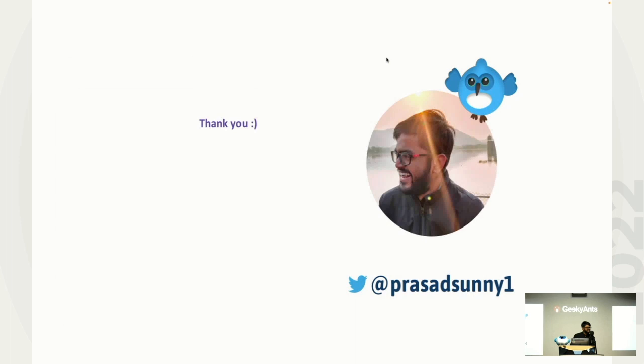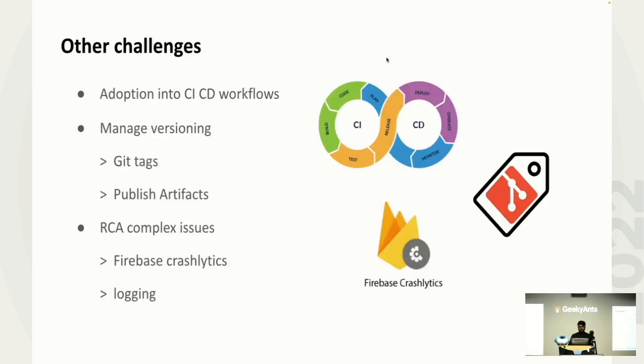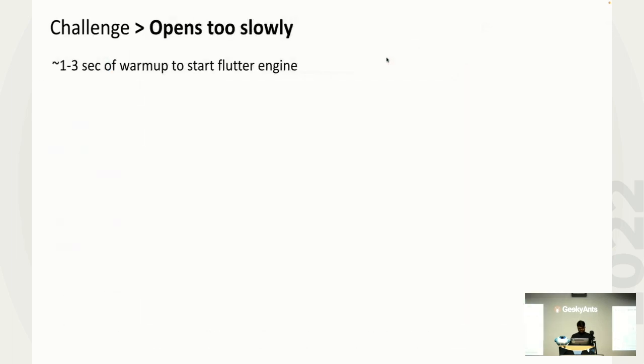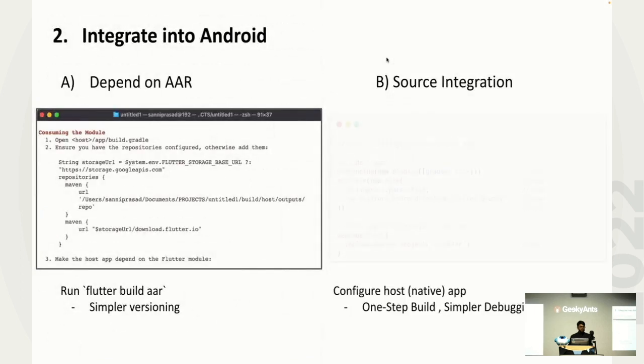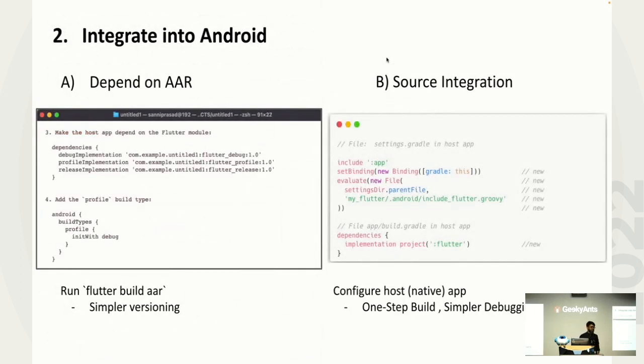Just one follow-up. After integration, what commands do we use? Native commands or Flutter commands? So we saw a few examples here. On native also you have multiple options for Android and multiple options for iOS, so it depends on what you choose.